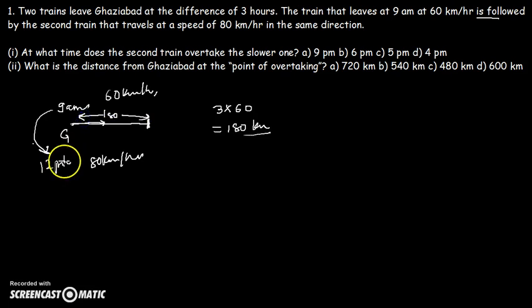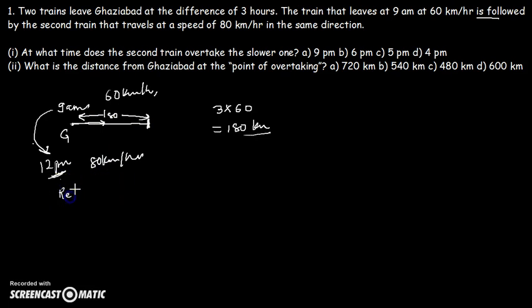Now the train 2, the second train, starts at 12 pm. What is the distance that train 2 sees at this moment? Train 2 sees that train 1 is 180 kilometers ahead. Okay.